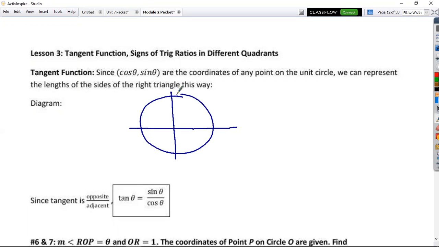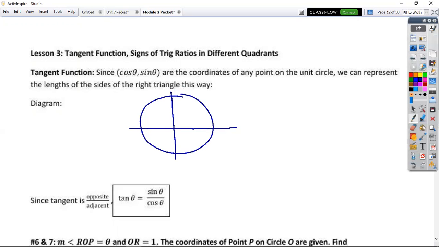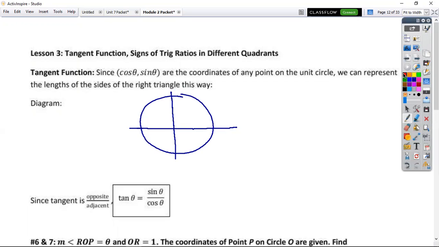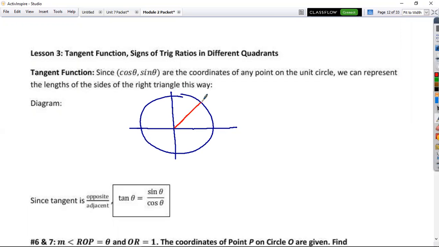And I would like you to inscribe a right triangle into quadrant 1. So right here, I want you to go like this. Right triangle coming right off the origin, and then your altitude right back down. And if you can squeeze it in here, please place theta right here.